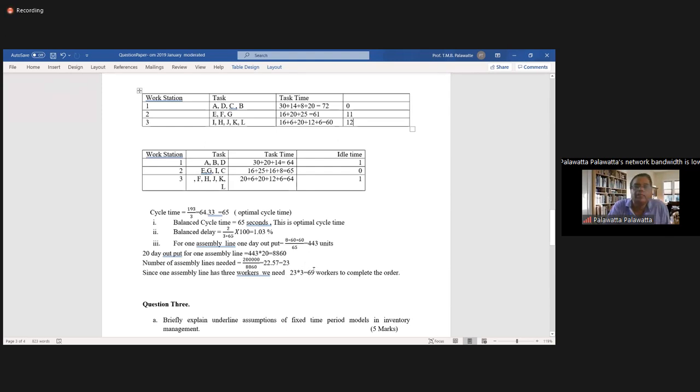Then 100,000 per employee multiplied by 3 employees is 300,000. Then for 1 year, 300,000 multiplied by 12 is 3.6 million. So you incur a cost of 3.6 million because you did not find the optimal solution, which you could have done first with 69 workers.